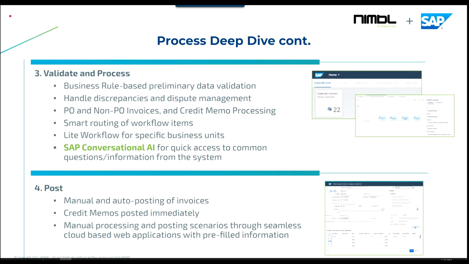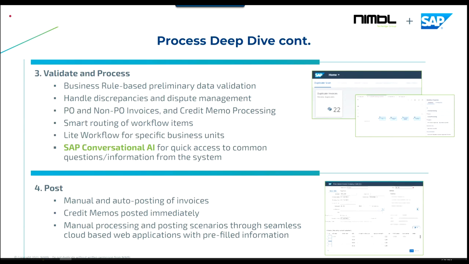If it's a PO-based invoice, then the solution automatically performs a three-way match. That's between the purchase order, the goods receipt, and the invoice. And it formally approves without the need for any human intervention. I'll show you how that's broken down in our architecture.